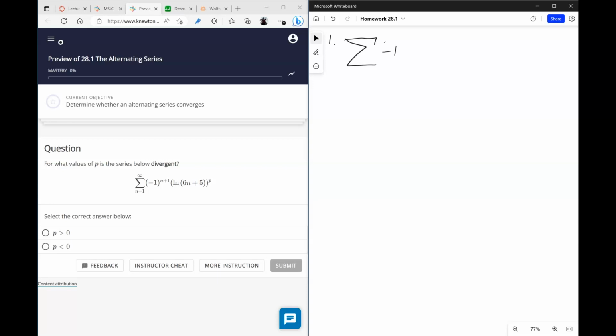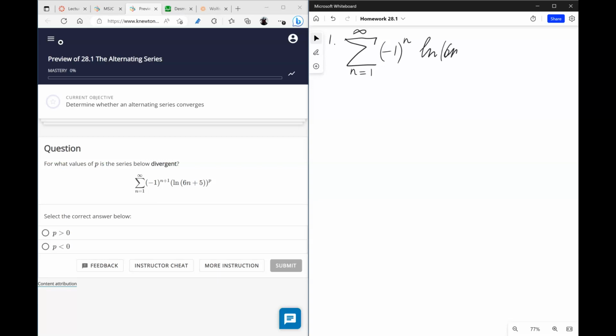So it's pretty much like a divergence test. The setup is the same, but the conclusion is different. So anyway, let's figure this one out.